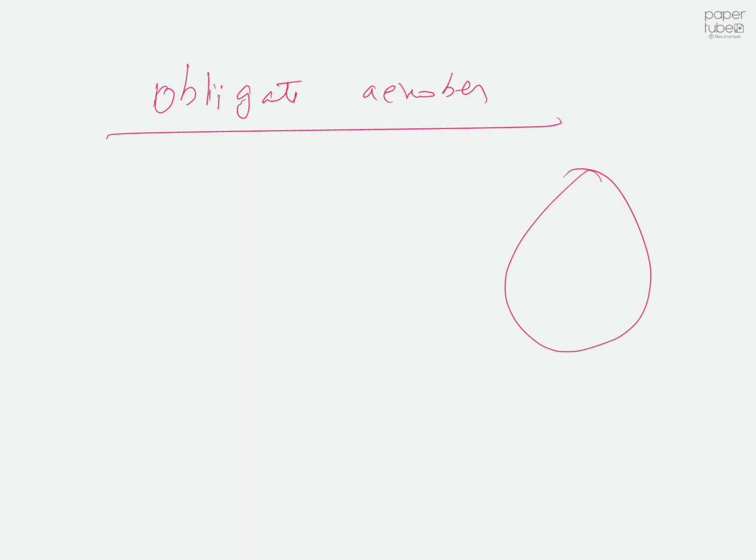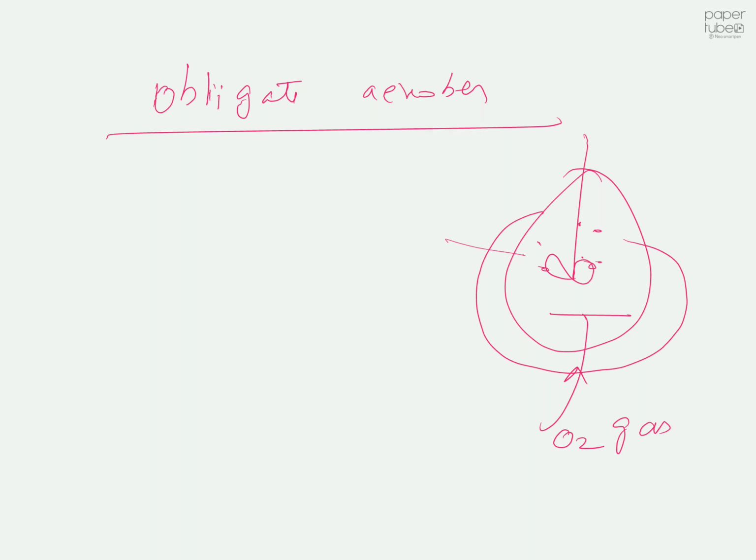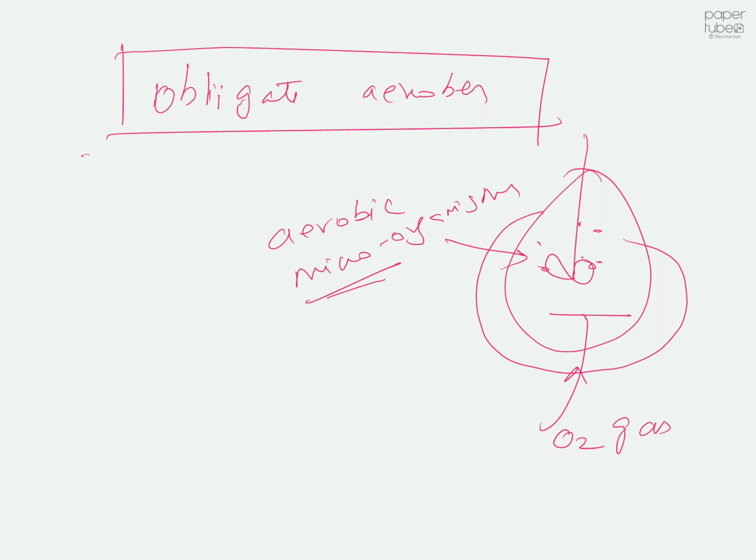So if you have a reactor, you need to supply oxygen gas if the microorganisms inside are aerobic. We call these obligate aerobes, which means they cannot survive in the absence of oxygen. So oxygen is a must.